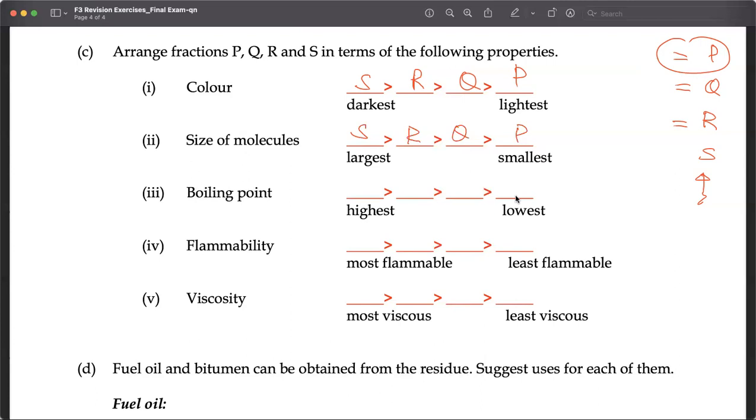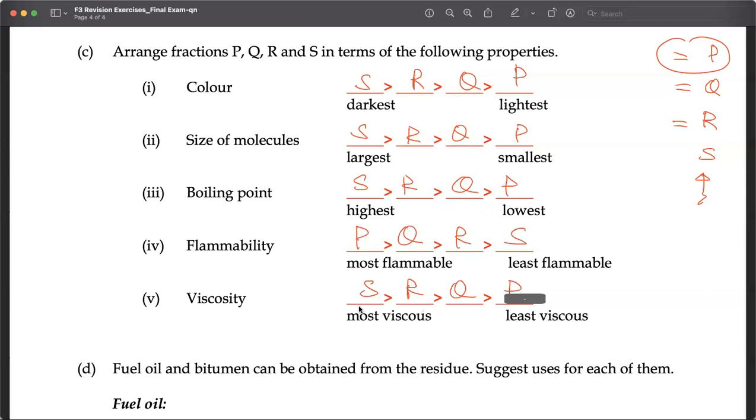So, SRQP. Flammability. For the flammability, which one is the most flammable? The gas should be the most flammable. This should be P, Q, R, and then S. While viscosity, that means whether it is sticky or not. So the one which is the most sticky should be S, again, R, Q, P.